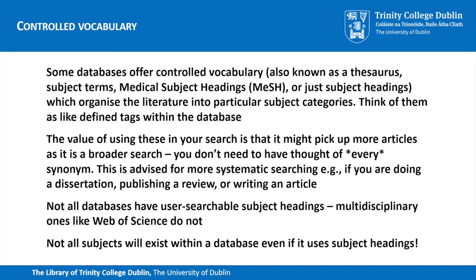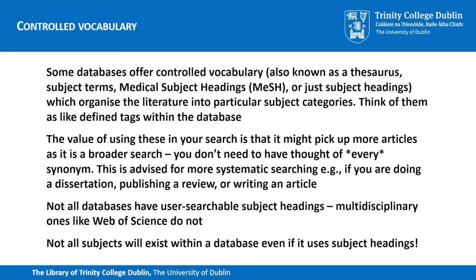Now, not all databases have these user searchable subject headings. The multidisciplinary ones tend not to. So for instance, Web of Science doesn't tend to have these user searchable subject headings. And of course, not all subjects will exist as a heading within every database.